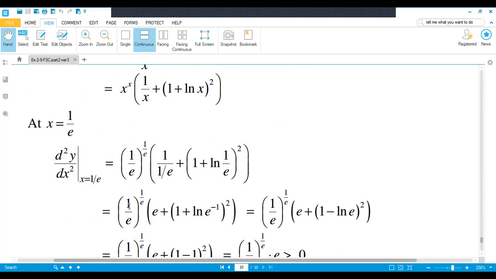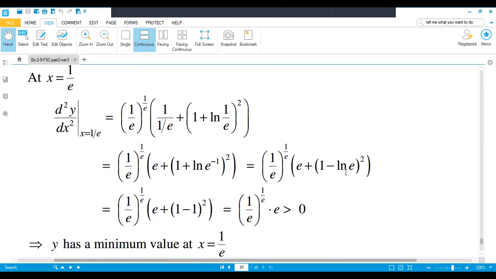So this one we copy as it is, and if something is in the denominator, it will come in the numerator, 1 plus natural log of e power minus 1 whole square, and this value we copy as it is, e we copy as it is. This minus 1 power will come as the coefficient, minus natural log of e. Natural log of e, you know, is equal to 1. So 1 minus 1, 0. So we get 1 over e power 1 over e into e, which is a positive number greater than 0.